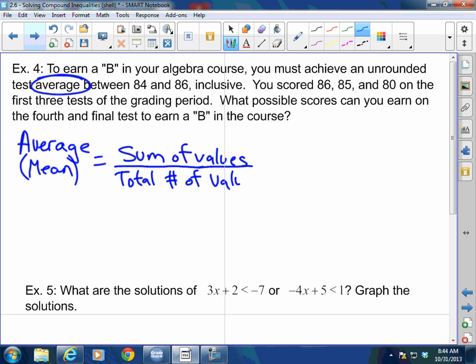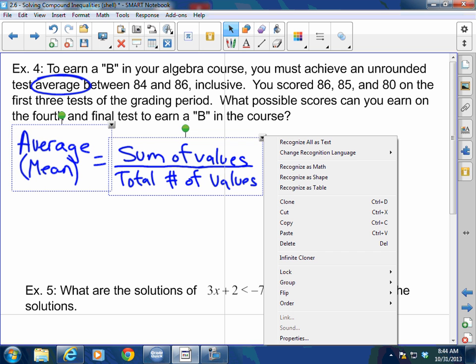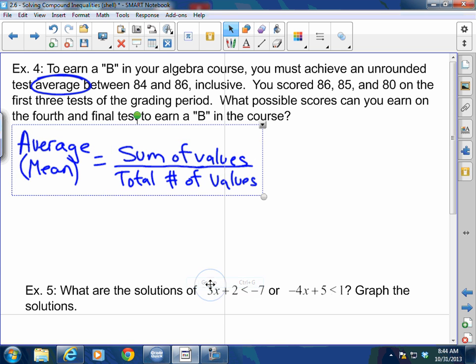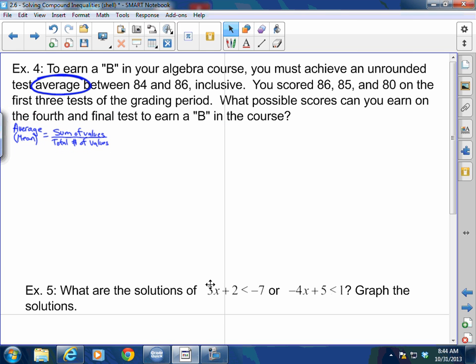Very good. Excellent. So, does that make sense, guys? Let's write that down. That's something you're going to use for the rest of your mathematical career. I'm not even joking. They're always asking average or mean questions, always. So we're going to keep that over there on the side.